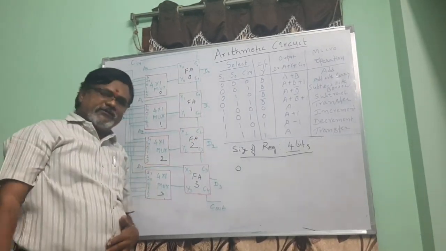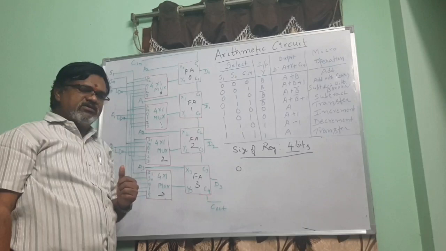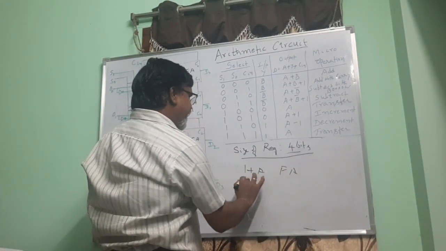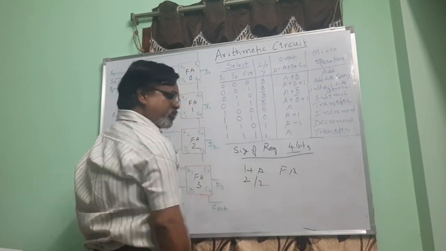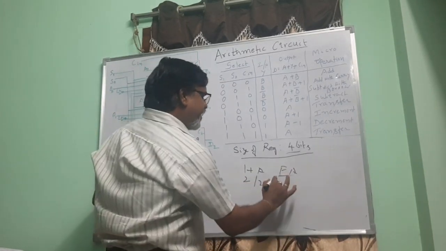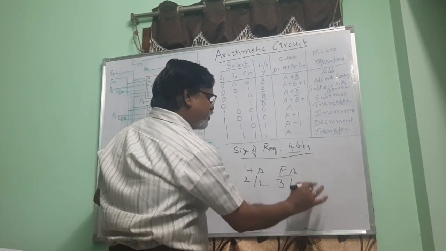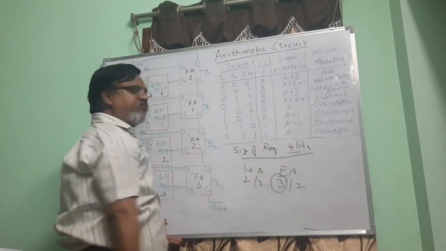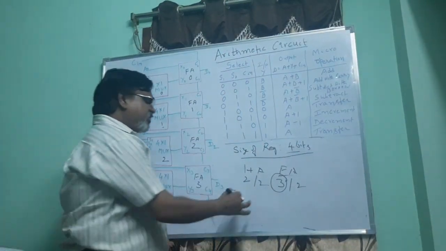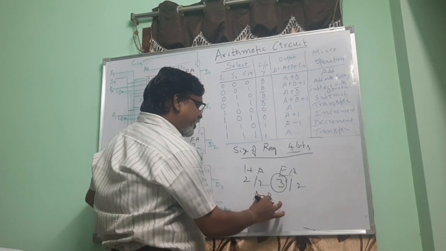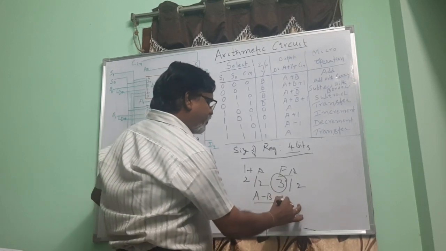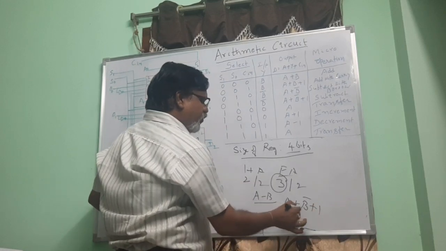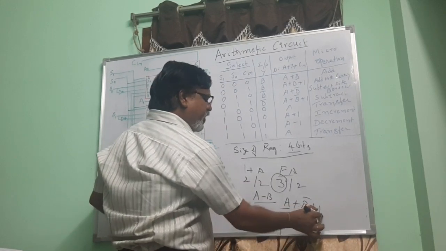Now we are using 4 multiplexers and 4 full adders. Why 4 full adders, why not half adders? The difference between a half adder and a full adder is that a half adder takes 2 inputs and gives 2 outputs, whereas a full adder takes 3 inputs and gives 2 outputs. We need 3 inputs whenever we perform a subtraction operation, A minus B, which definitely should have 3 inputs: one is A, one is the complement of the second input, plus 1.